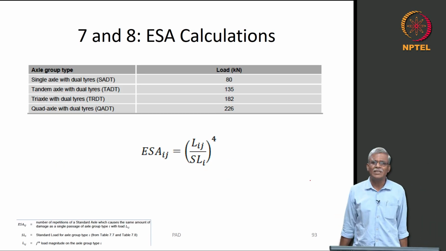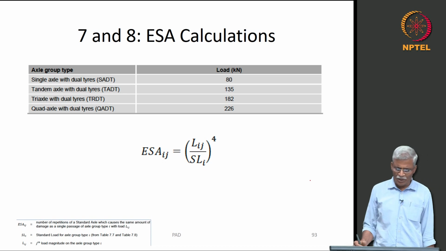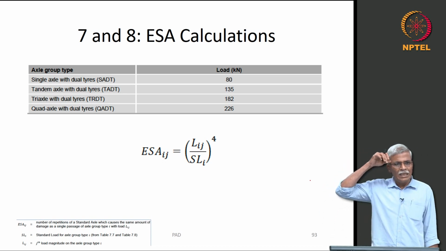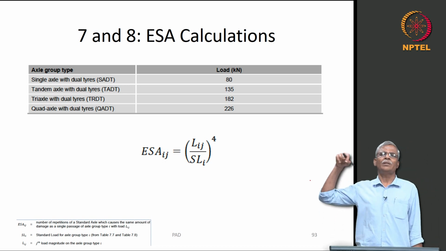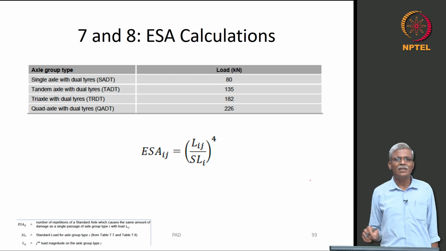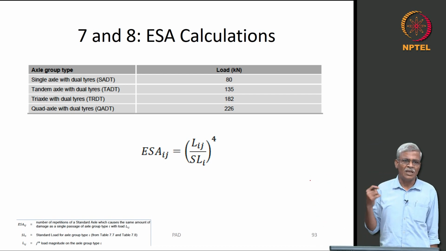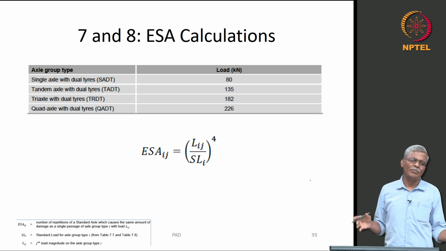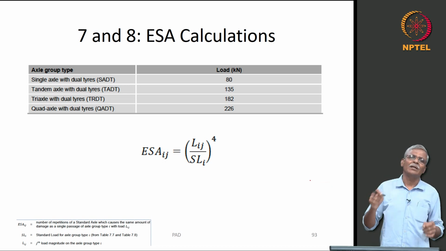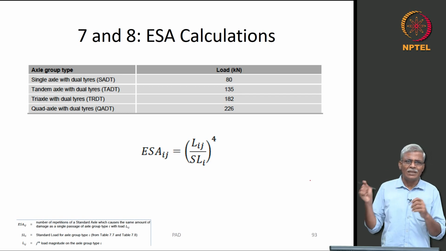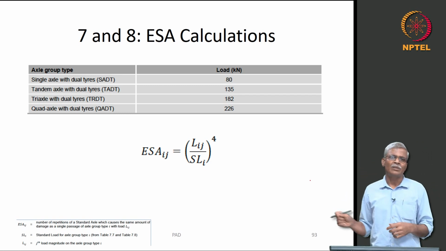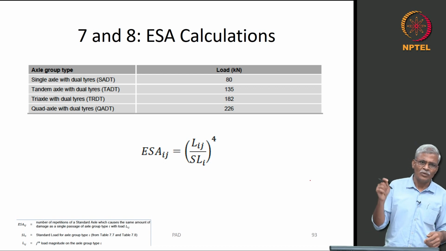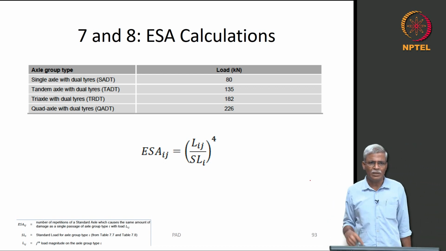So, how do you do the ESA calculation? It is the same thing. So, what is this ESA? ESA IJ is the number of repetitions of a standard axle which will cause the same amount of damage as a single passage of axle group of type I. Okay. So, it could be a single axle with a dual tire, tandem axle with a dual tire, etc., with the load L I comma j.